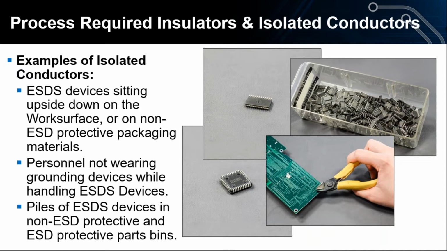And if you had a pile of ESD sensitive devices in non-protective and ESD protective parts bins, then the non-protective parts bins would charge them up. Some other examples are in-circuit testers, device level microprobes, cables that can be connected for testing purposes.